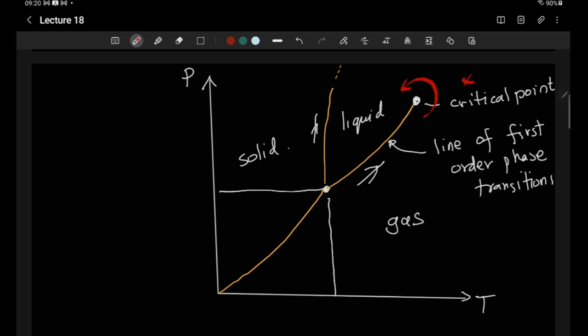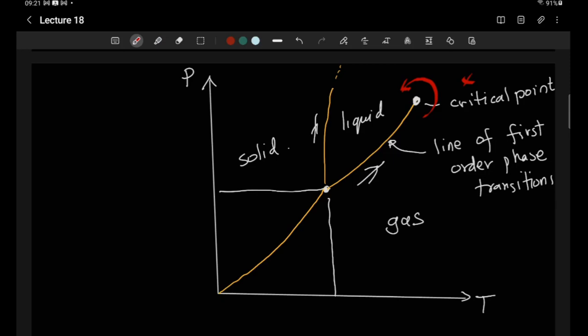No, you just call it fluid. Liquids and gases have some difference only in the neighborhood of this yellow line. But you can smoothly go around the critical point to go from gas to liquid. There will be no latent heat, nothing. You will not see any of those things because you have bypassed it.